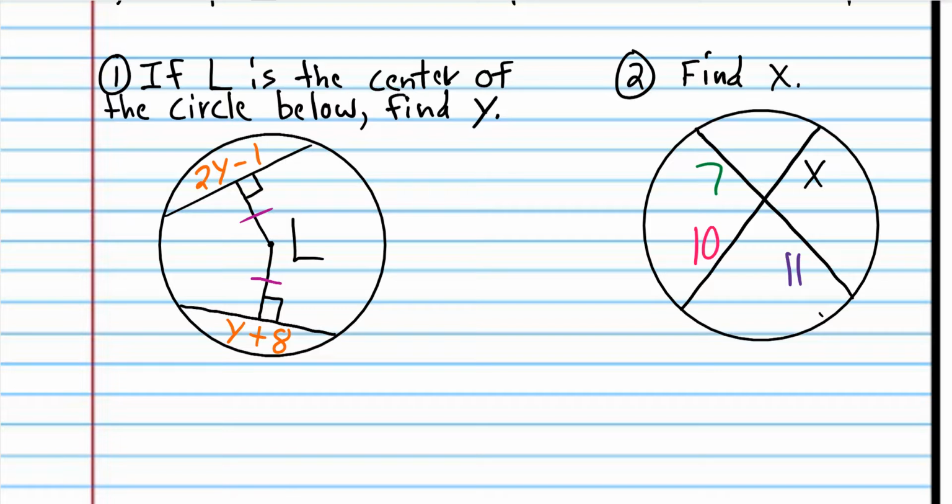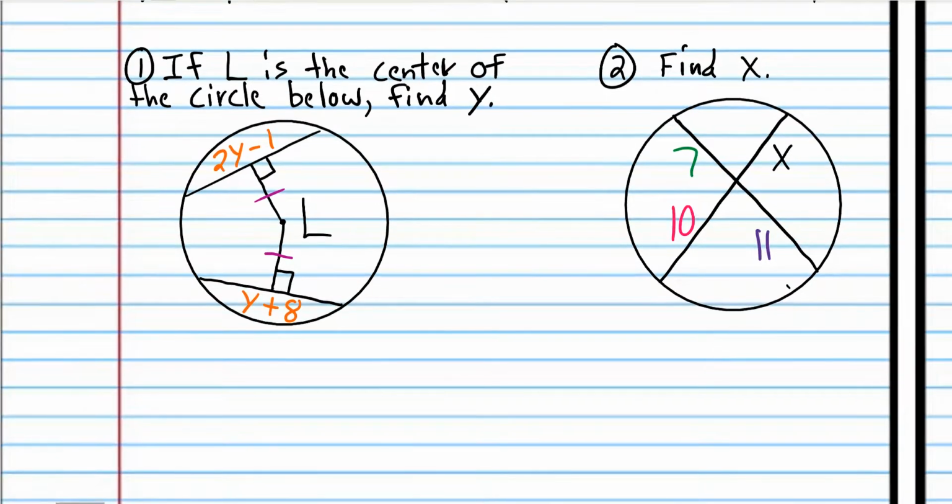All right, we're back. In this problem, we need to use the equidistant chords theorem. So equidistant means that these segments here are congruent. They have equal length. So these chords are the same distance from the center of the circle. And by the way, we know they're equal length, obviously, because of the purple tick mark there.